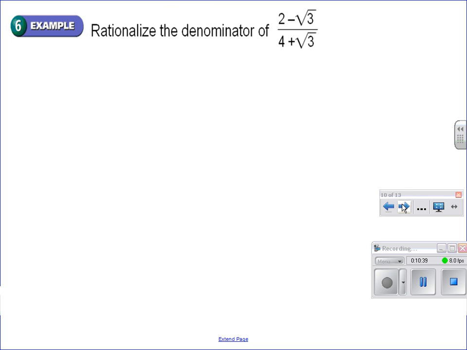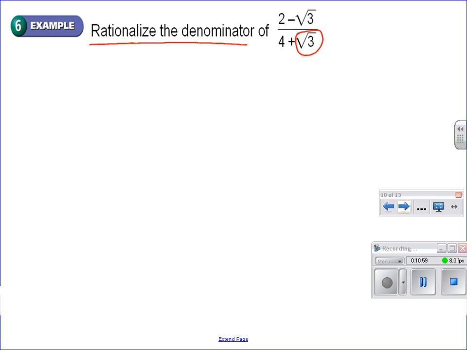Okay, and we're going to use that skill in the last thing I show you here, which is to rationalize the denominator. Again, rationalize the denominator. So vocabulary, we have to know what they're asking us to do. There is a square root of 3 in the denominator. If the directions say simplify, I'm not allowed to leave that there. So what I need to do is get rid of that.